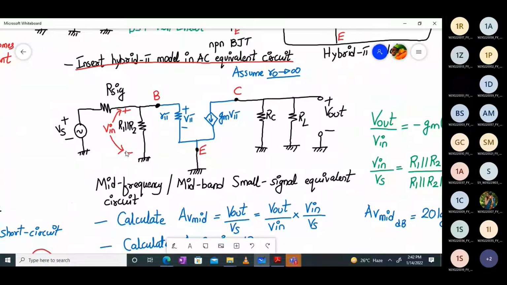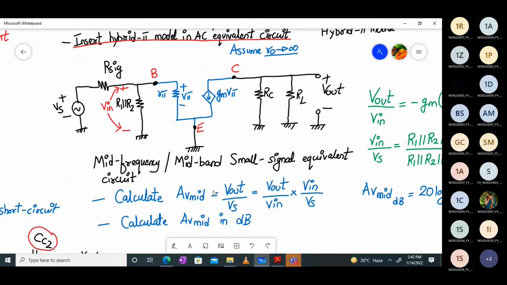Why am I calling it V in? Because Vs and Rsig are together. Because Rsig is the internal resistance, right? So that becomes the source. Now V in is the input of the amplifier, Vs is the voltage source, and V out. So we can write AV mid as V out upon V in into V in upon Vs. It means V out upon Vs only.